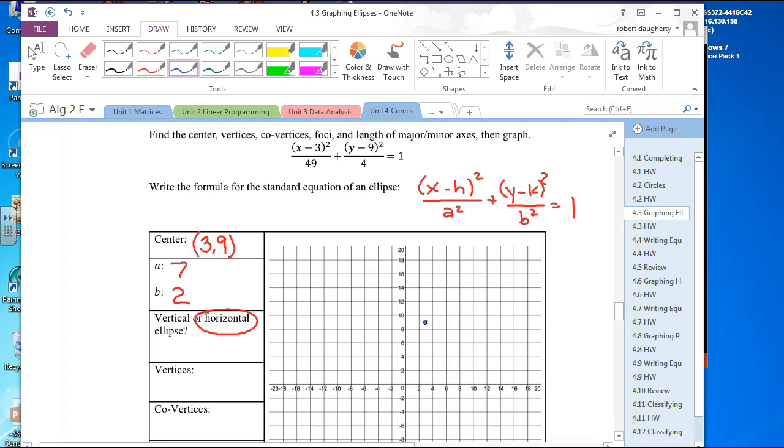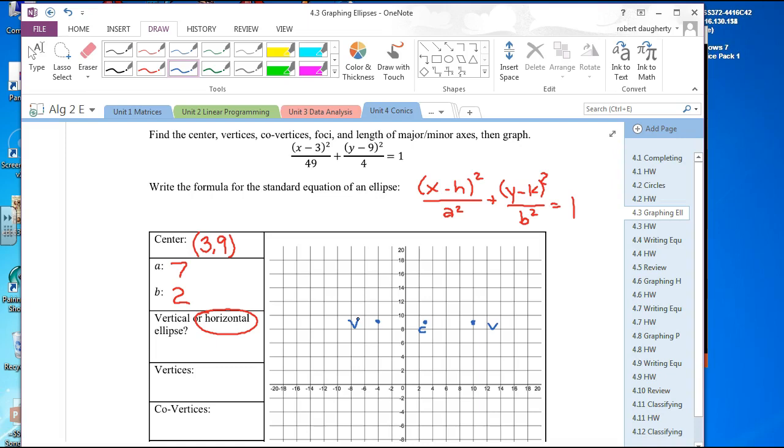So what's 3 plus 7? 10. So if I come over to here, there's going to be one vertex. And what's 3 minus 7? Negative 4. So that puts me right here. So here's the center, there's a vertex, and there's a vertex. So I have the center and the two vertices.